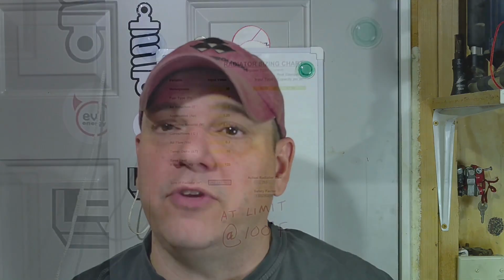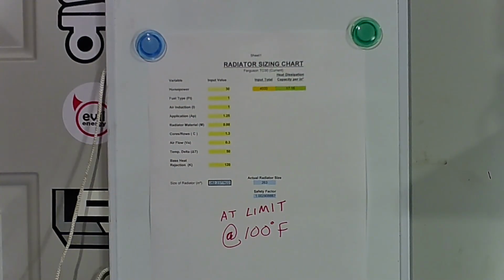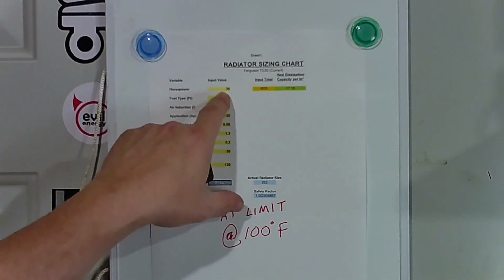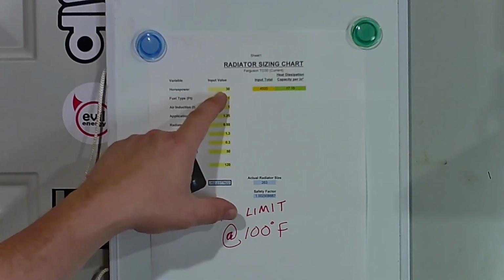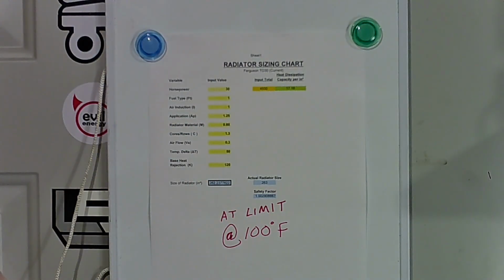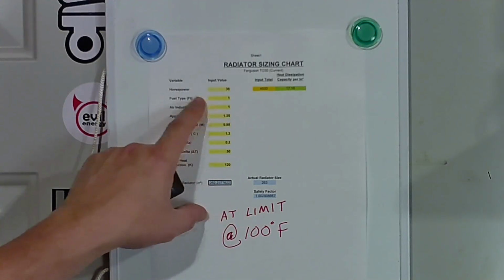So now that we have the formula and we have broken down each input, let's look at a real-world analysis of my TO30. I'll tell you what I'm experiencing, and then we can look at the numbers, and the numbers actually back up what I have been seeing. Okay, so here is the current situation on my TO30. 30 horsepower input, and actually I'm closer to 35, but we're just going to go with 30.